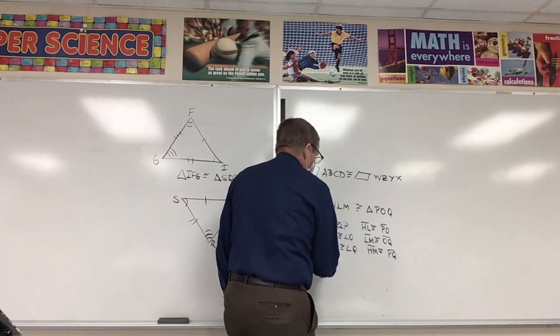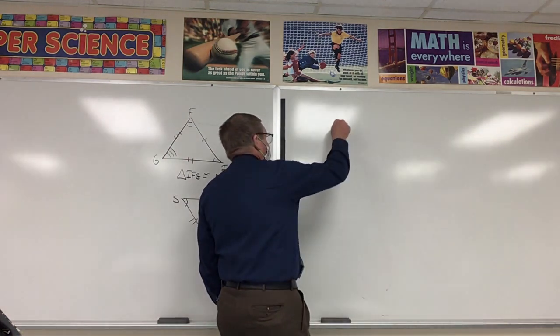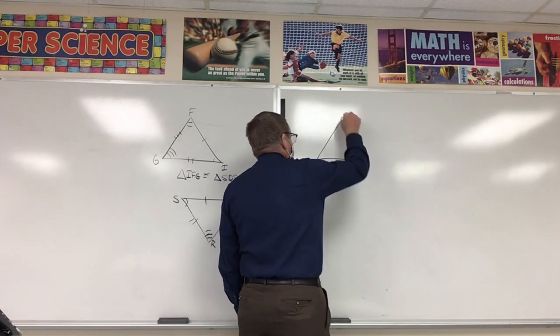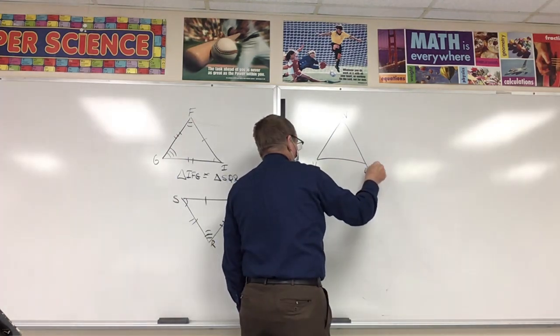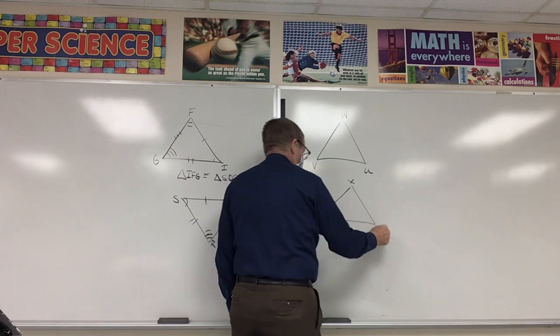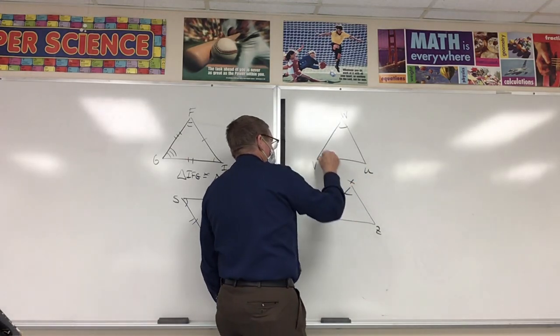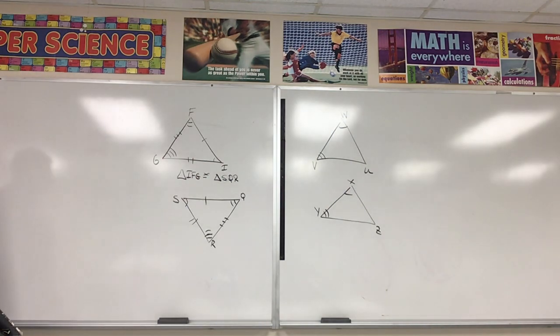So therefore, if I have W is congruent to X, V is congruent to Y, two angles of one triangle congruent to two angles of another triangle, what's my conclusion?